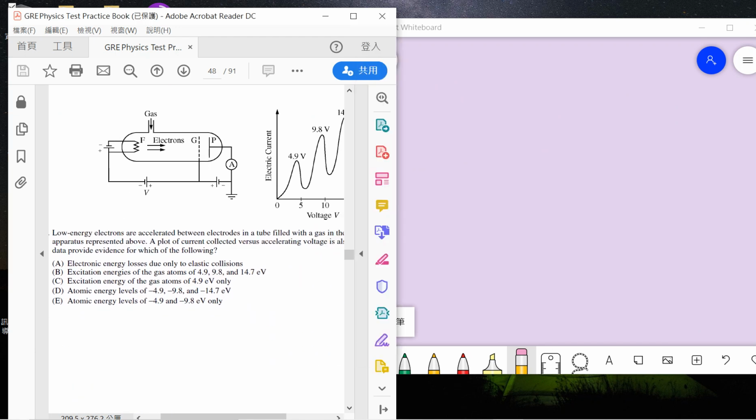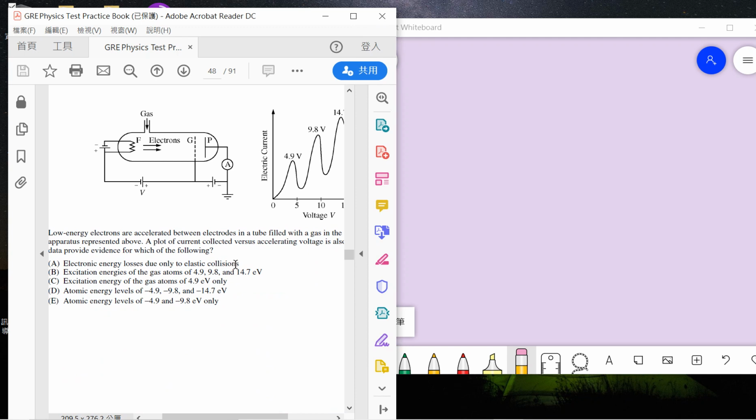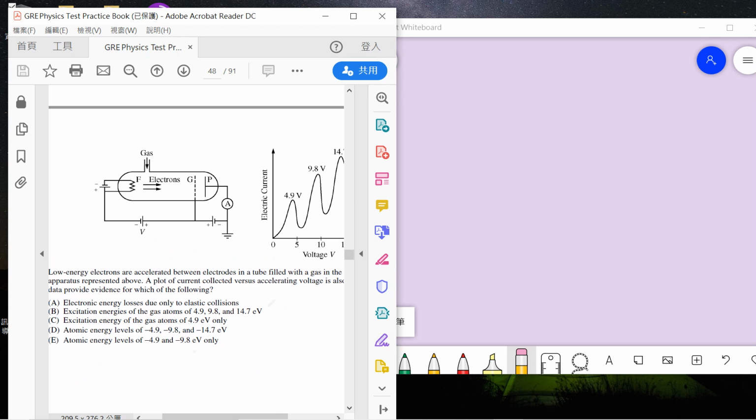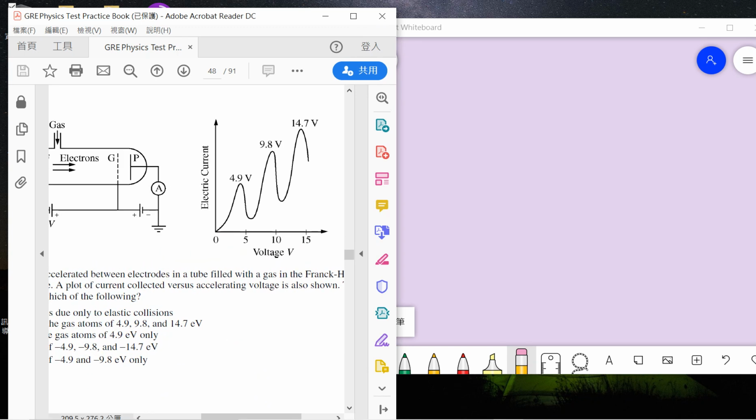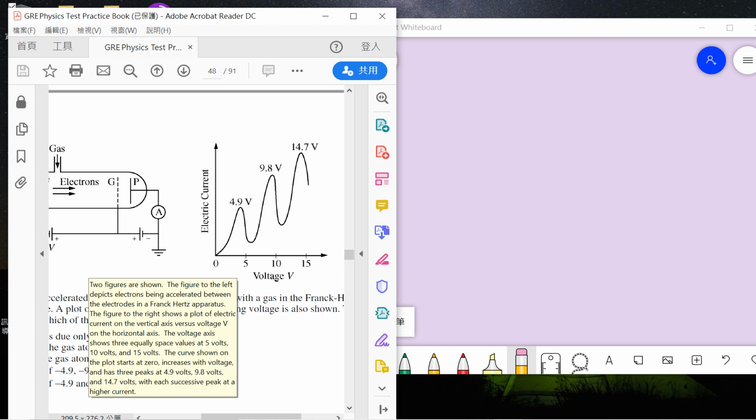Okay, so 59. This is the famous Franck-Hertz experiment, and all you need to know is that at 4.9 there's a peak. That means there's an energy difference, basically the transition frequency.